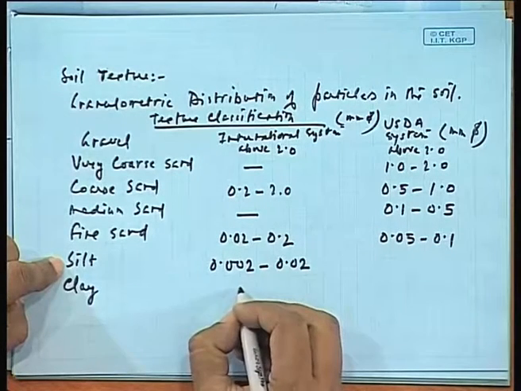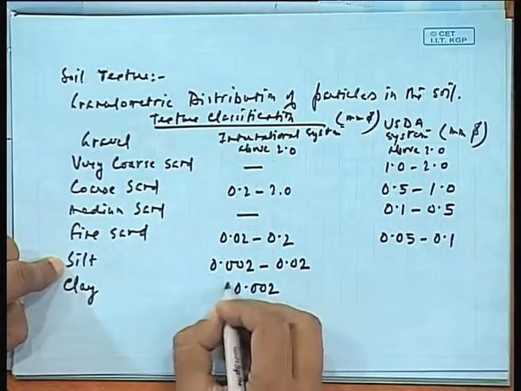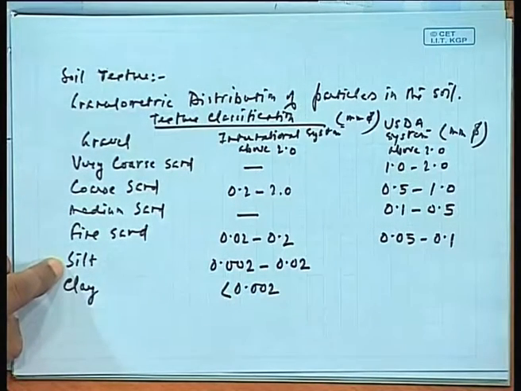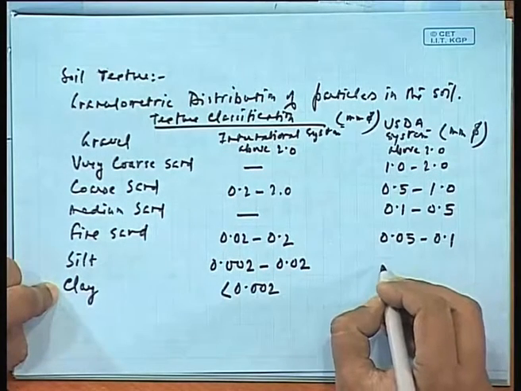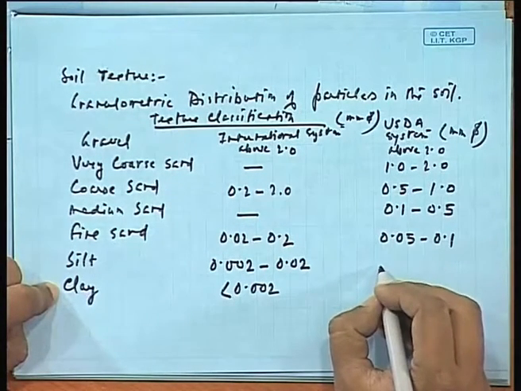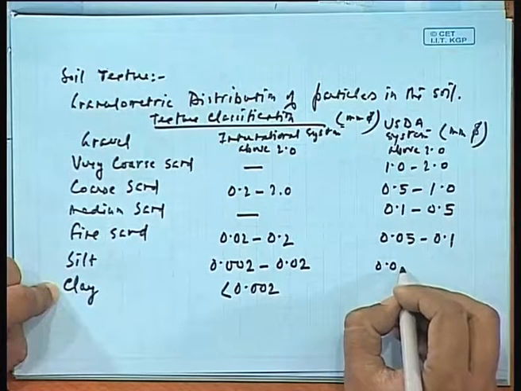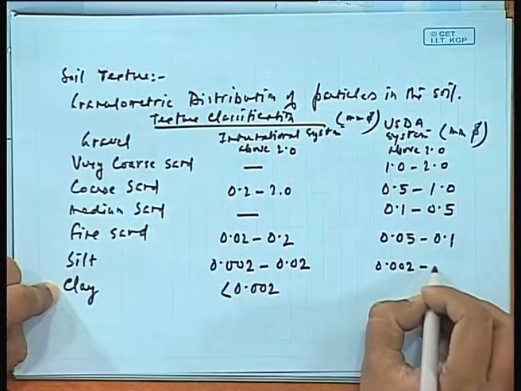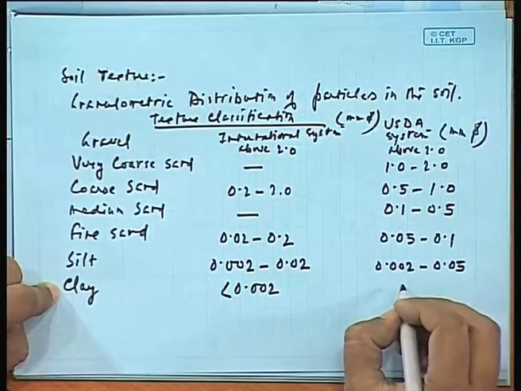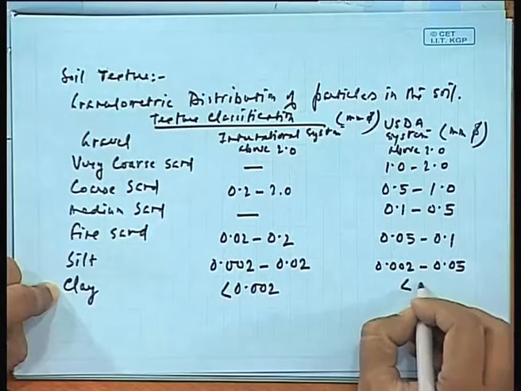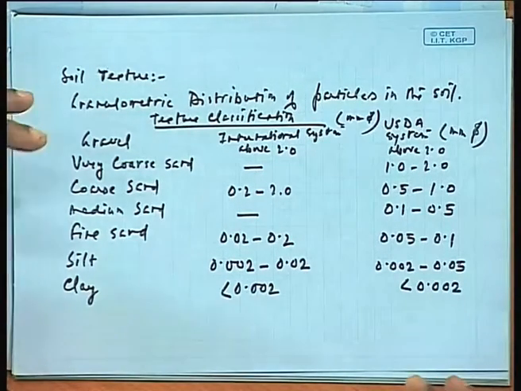Less than 0.02 is clay. So here it is also the same, only thing is 0.002 to 0.05, and the last one is 0.02. This is the same, only they made a subdivision.